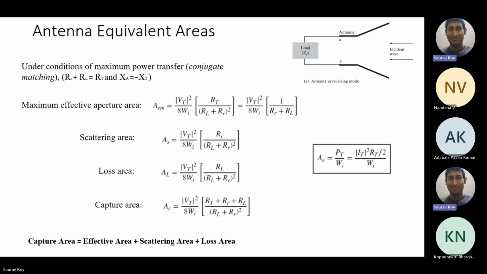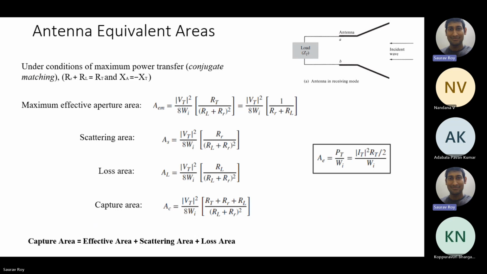The antenna will have some physical area, and that physical area is important for how much power it will actually transmit or collect. Out of the total area, there are different components as you have seen: some lost, some scattered, or some captured.